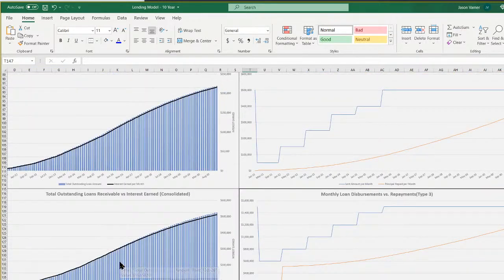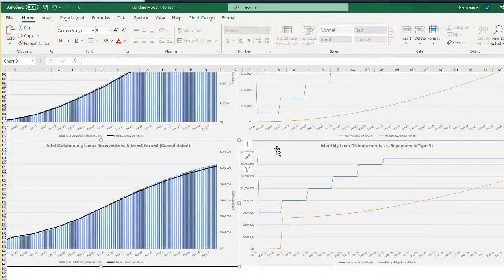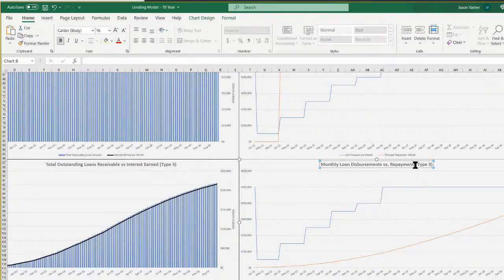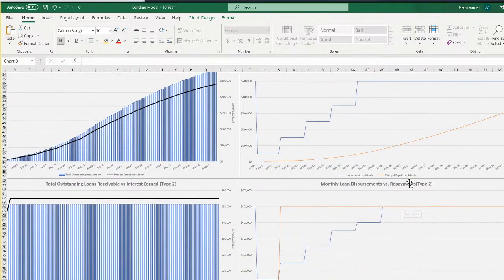Okay, so we got consolidated. We're going to get into loan counts. And then we're getting close to the end of the thing. It's been 5 weeks.